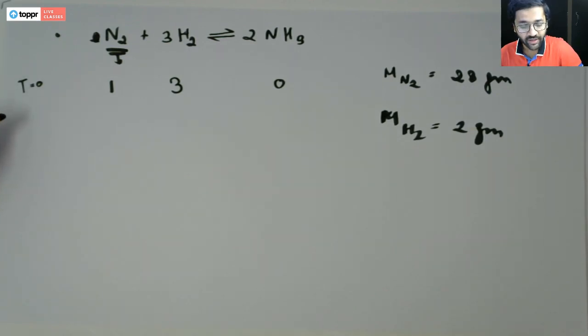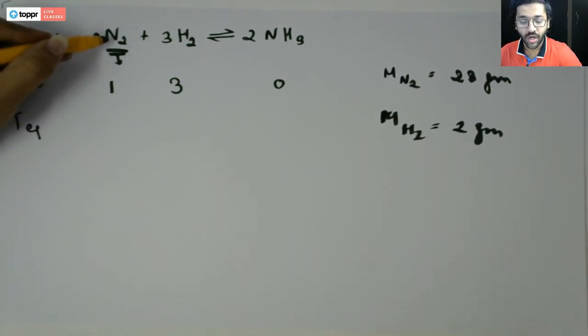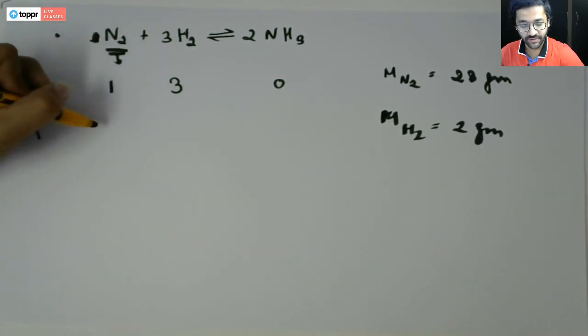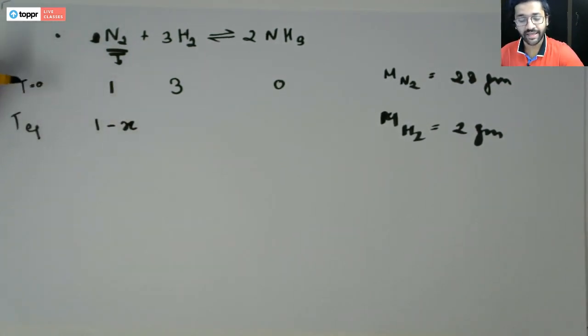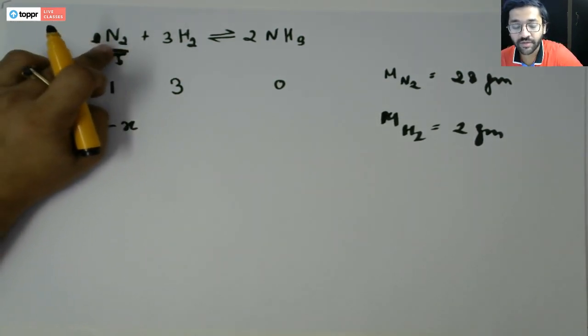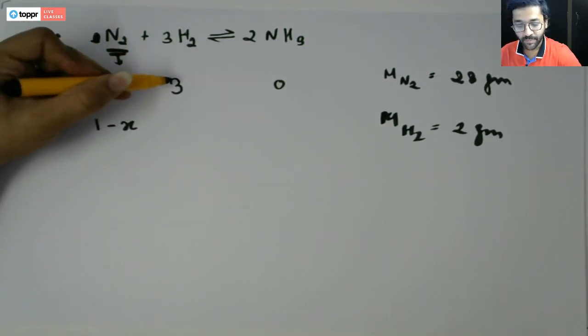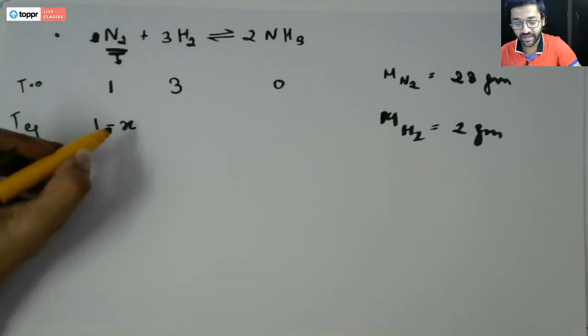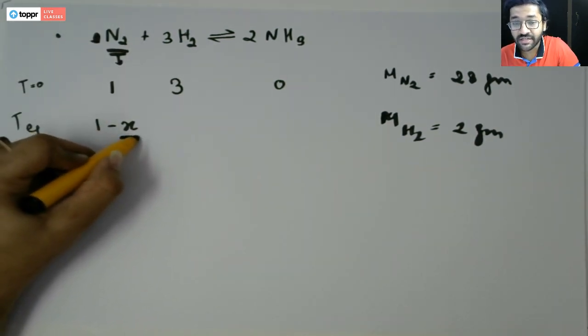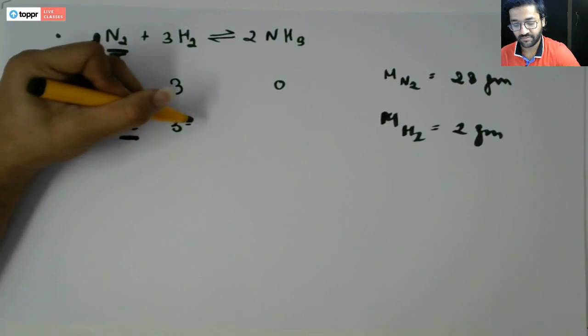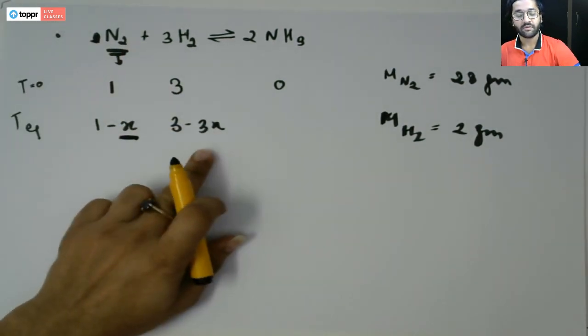Now when time passes, at equilibrium, the amount of nitrogen that reduces is x, right? But as we can see, for 1 mole of nitrogen, 3 moles of hydrogen are reacted. Hence the amount of hydrogen that will react will be 3 times x, correct?